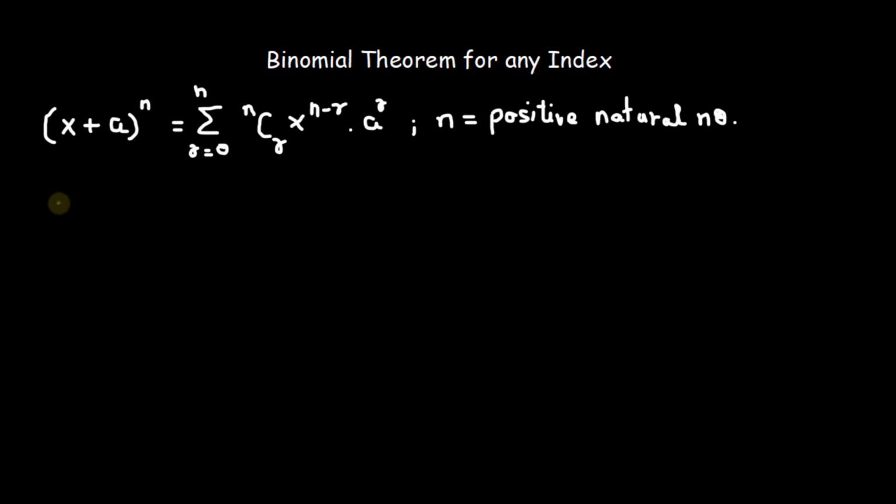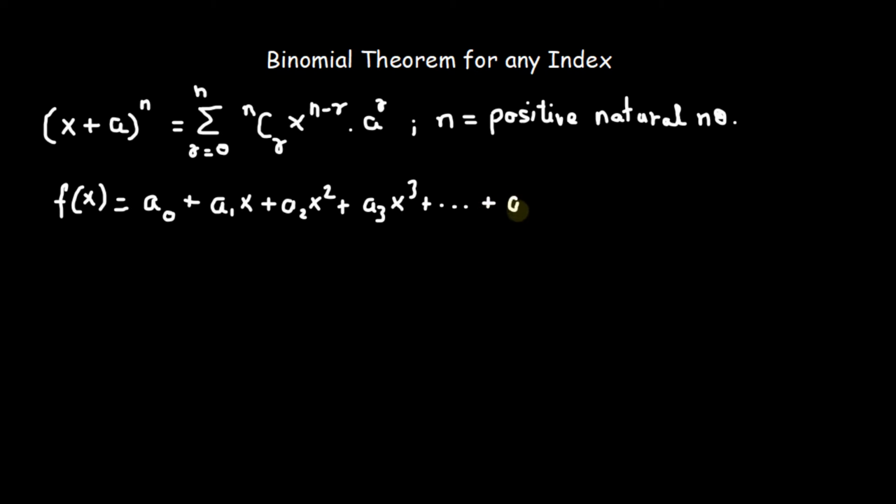Okay, so let us begin by considering a polynomial function f of x. A standard polynomial function with n terms is given by a0 plus a1 x plus a2 x squared plus a3 x cubed, all the way up to the nth term, which is simply an x raised to the power n.